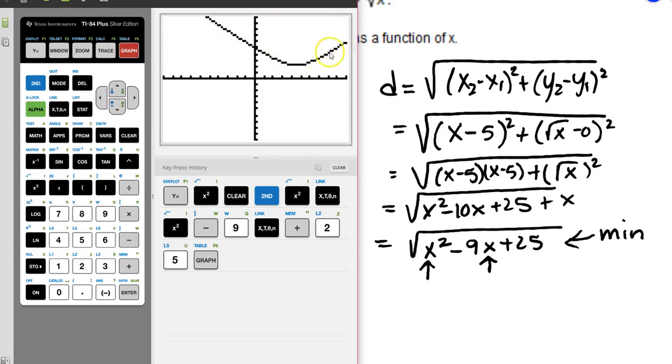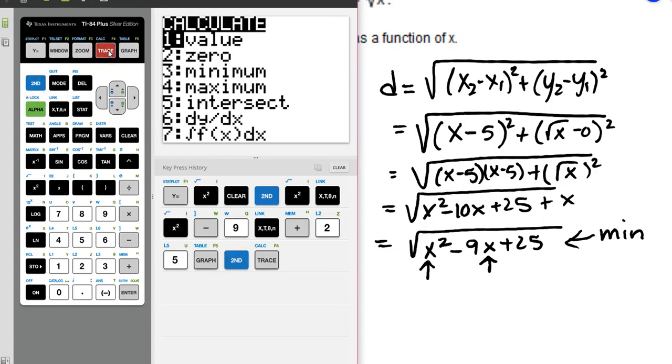And by looking at the graph, you can see that it dips down and goes back up, creating a minimum value. And there's a feature in the calculator that will give us that minimum value. So I'm going to go to Second and hit Trace, which brings up the Calc menu. And you can see number 3 is the option of minimum.